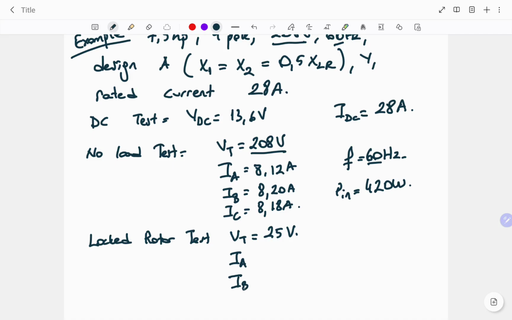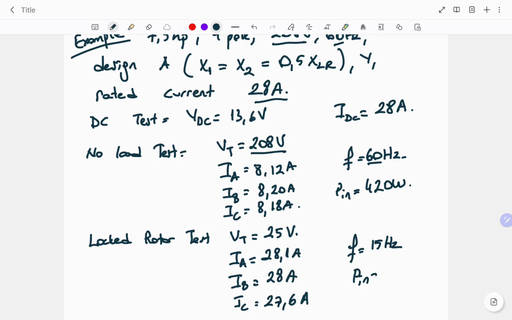And IA, IB, and IC, which are the line currents during the locked-rotor test, must be close to the rated current of the induction motor. And they are measured as 28.1, 28, and 27.6. The frequency during this test is 15 Hz and the input power is 920 watt during the locked-rotor test.